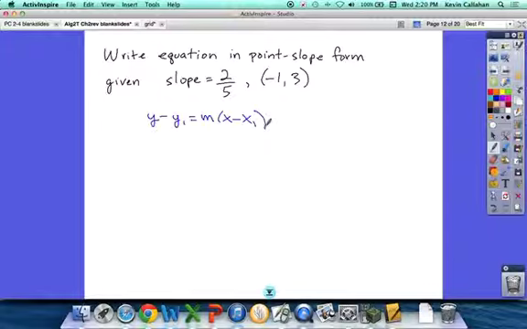It was very straightforward. Just put in the 2/5 here, the -1 here, the 3 there. So y minus 3 equals 2/5 times x minus -1, which is x plus 1. And just leave it. It says write it in that form, so you don't have to do anything with it.